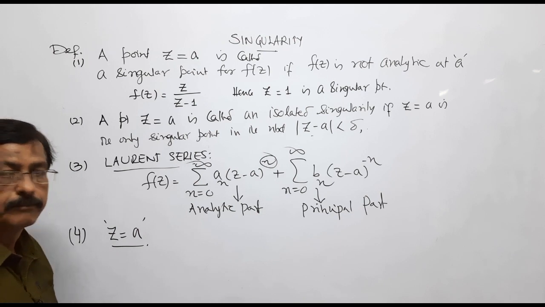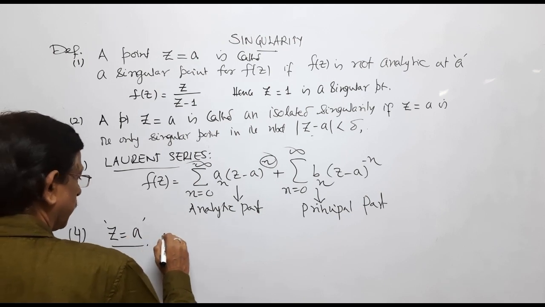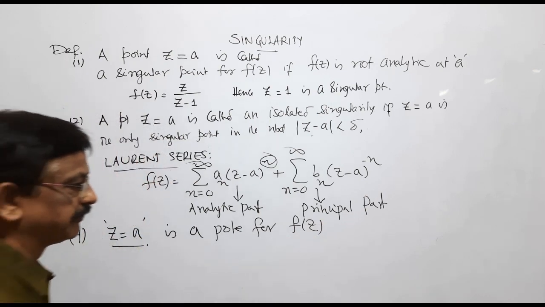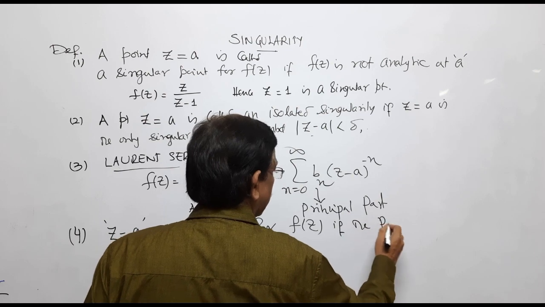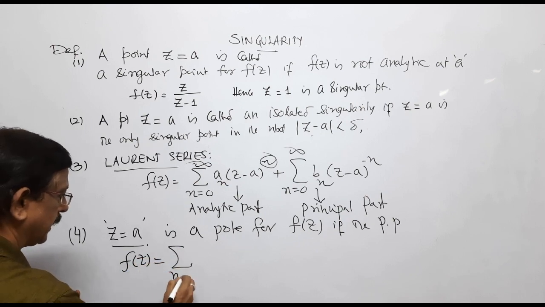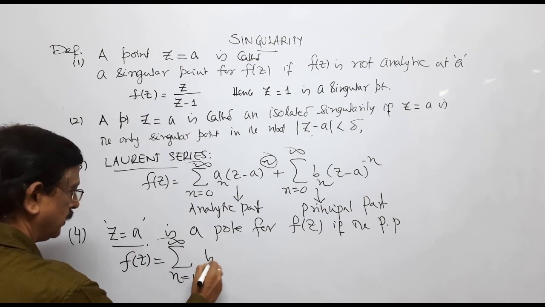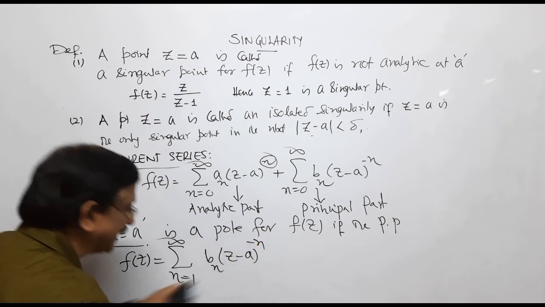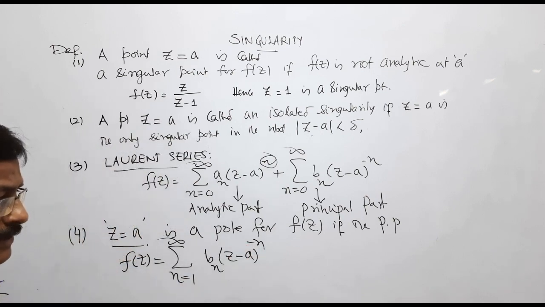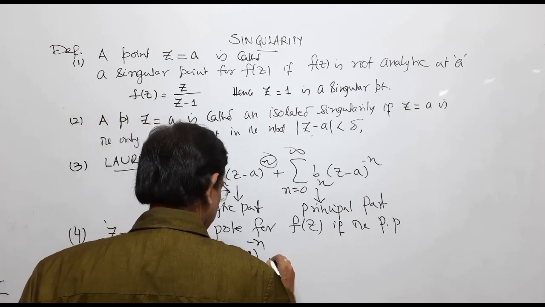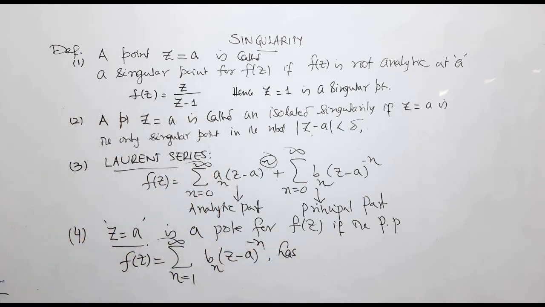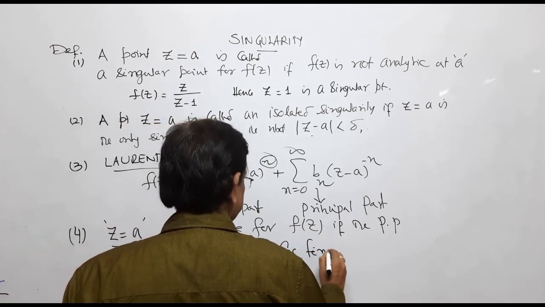A point z equal to a is a pole for the function f(z) if the principal part, I'll write pp, of f(z), which is the summation n equal to 1 to infinity of b_n (z minus a) to the power minus n, has a finite number of terms.